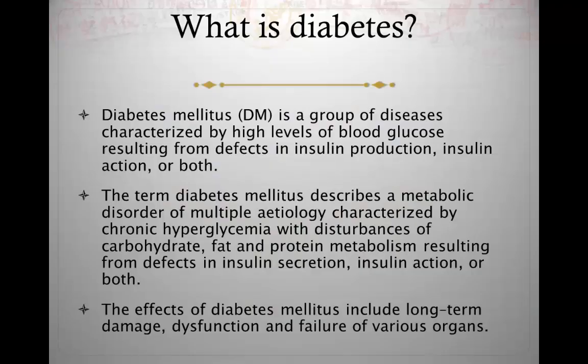So again, what is diabetes? It is basically a group of diseases that produces hyperglycemia, and basically in patients with diabetes type 1, you would have no insulin release or very, very minimal.